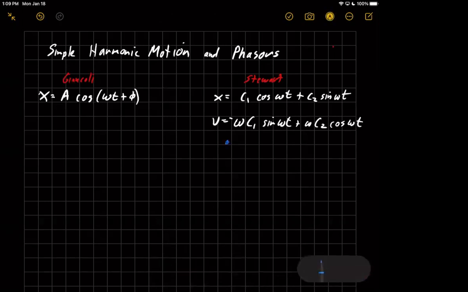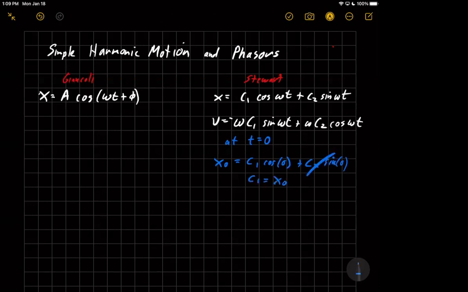At t equals 0, we can say that x naught is equal to c1 times cosine of 0 plus c2 times the sine of 0. And sine of 0 is 0, so that goes away, and cosine of 0 is 1. So we determined that c1 must be x naught.